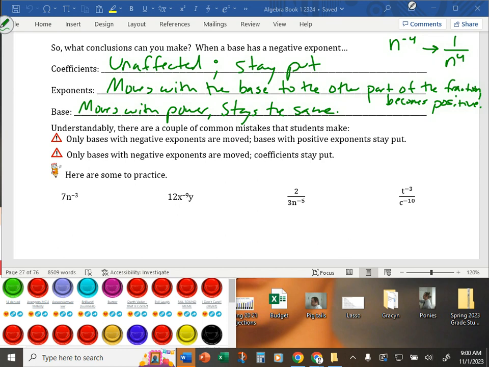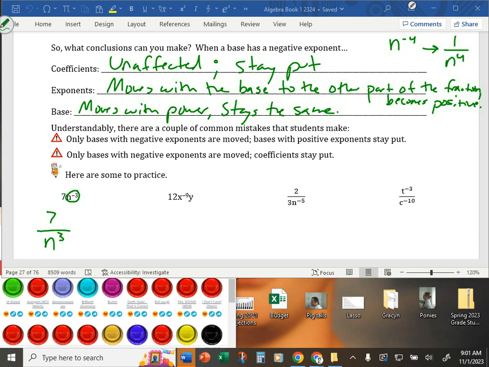No, it's a coefficient. Right? So this is what's getting moved, the n to the -3rd. The 7 stays put. That's still going to be in the numerator of the fraction. And now in our denominator, the base doesn't change, and the exponent becomes positive. So 7n to the negative third is equivalent to 7 over n to the positive third.